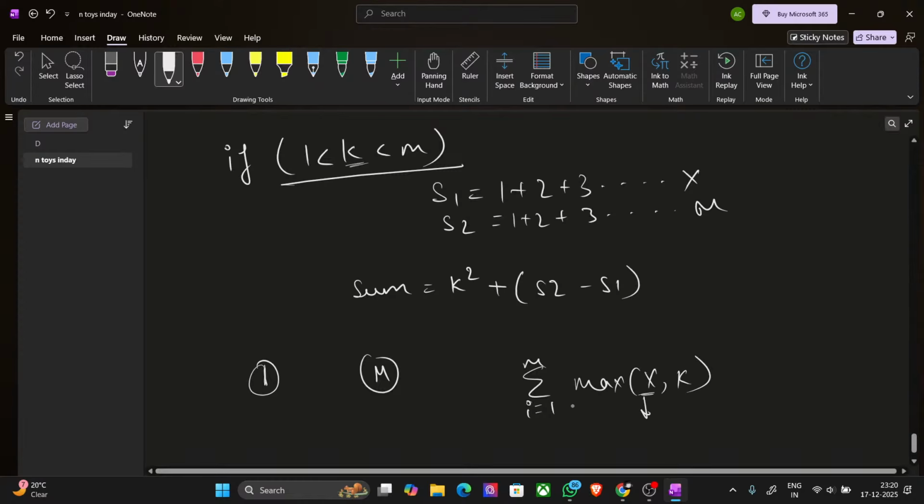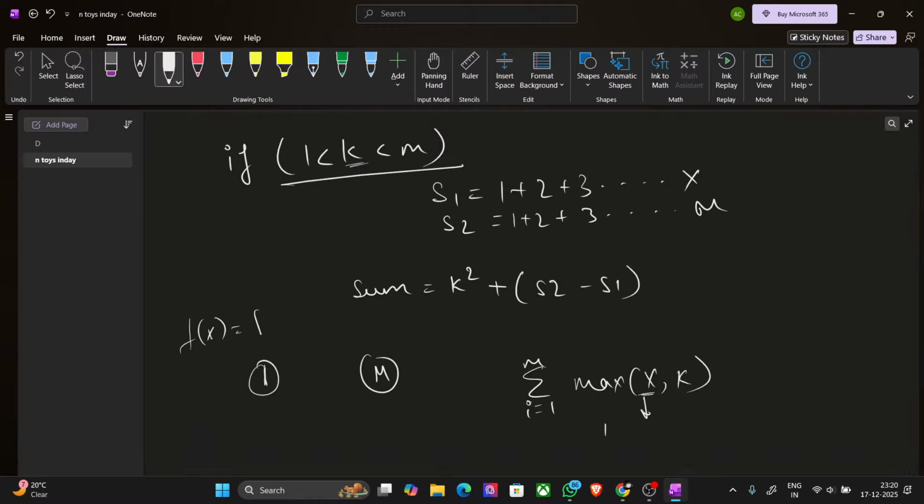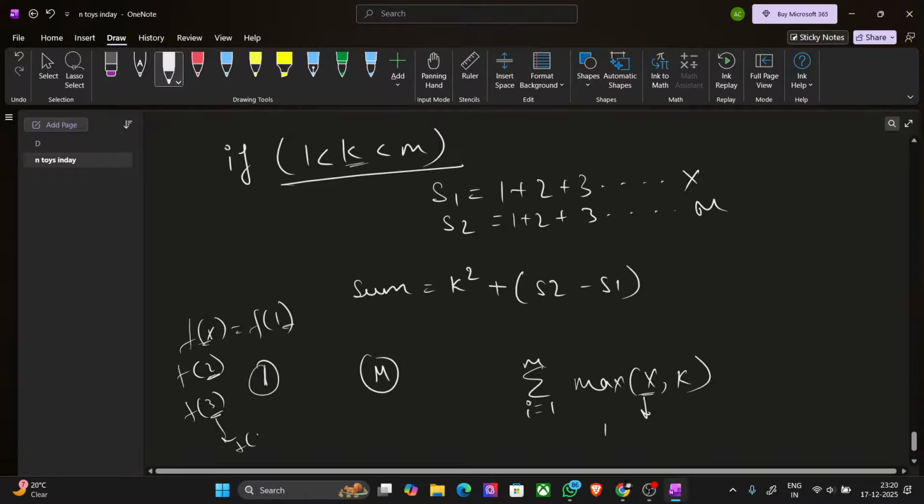This x will remain the same: for f1, x will be 1. For f2, x will be 2. For f3, x will be 3, and we are going up to fm. So x will remain as 1 plus 2 plus 3 up to m. Correct.